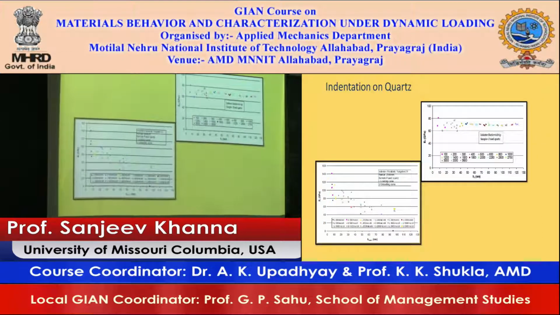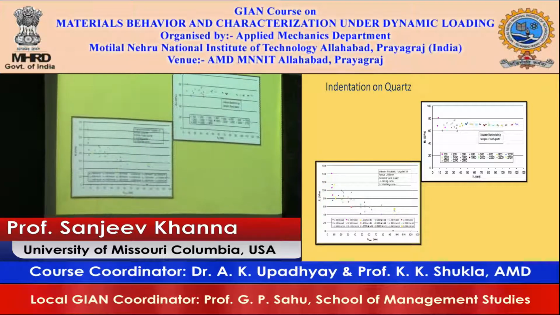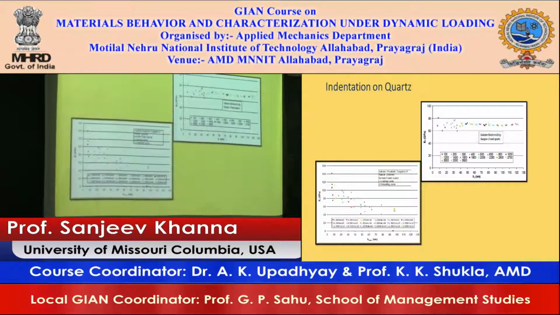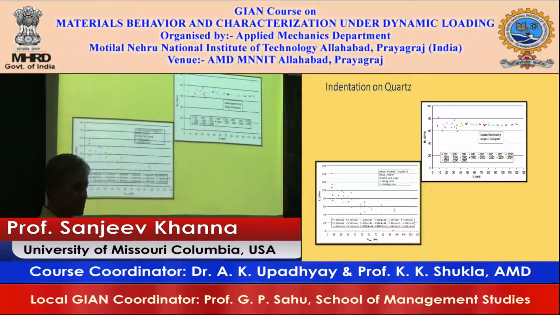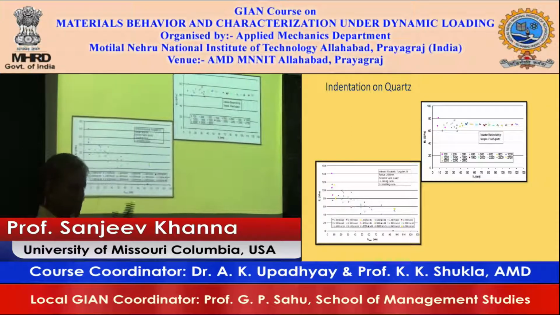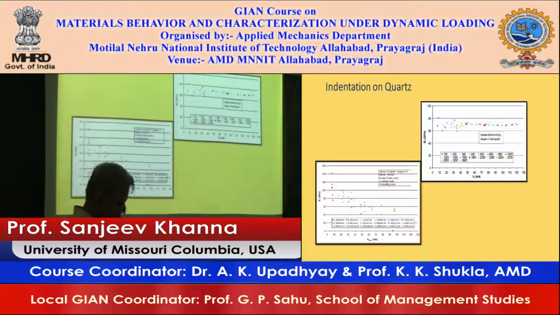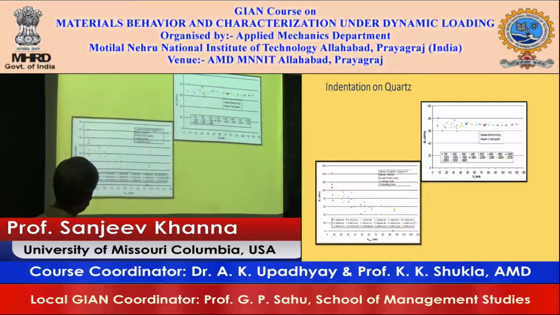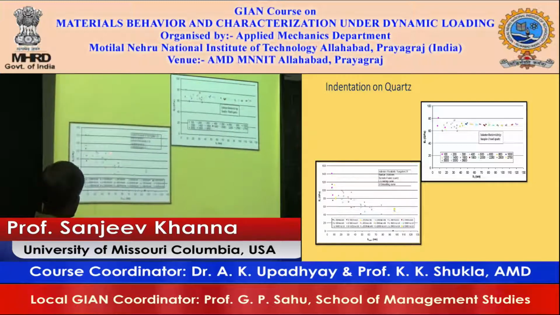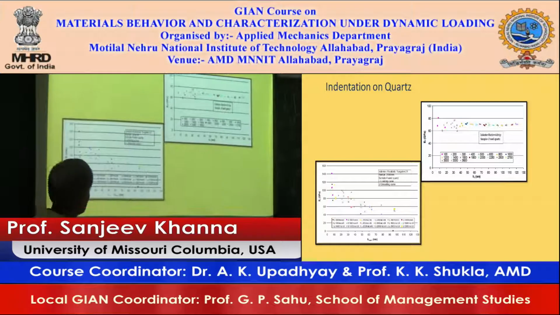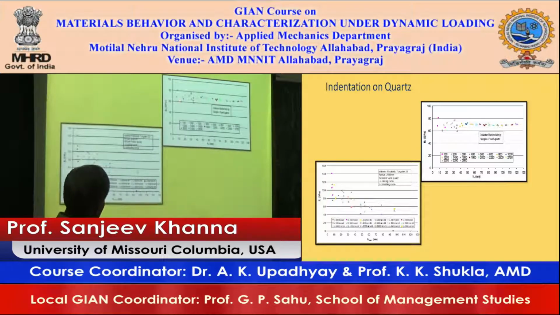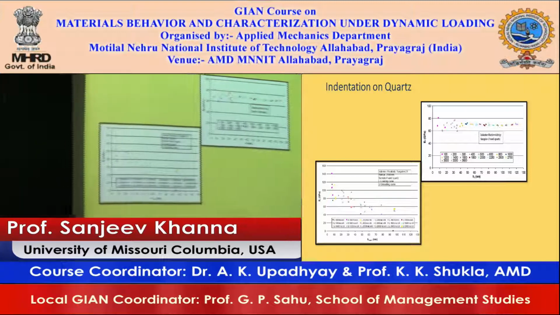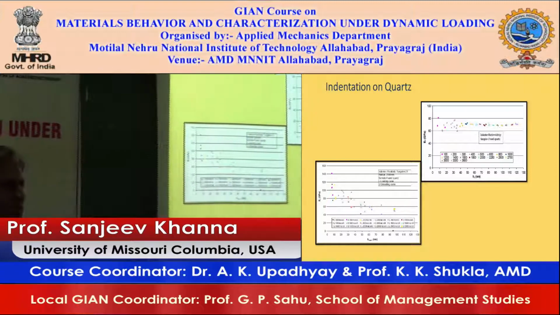Now quartz is a very hard material, and we are using tungsten, which is hard but not as hard as the diamond. So when we indent on quartz using this parabolic tip, we are getting too much scatter. Here we are getting much more uniform values with the very hard diamond.